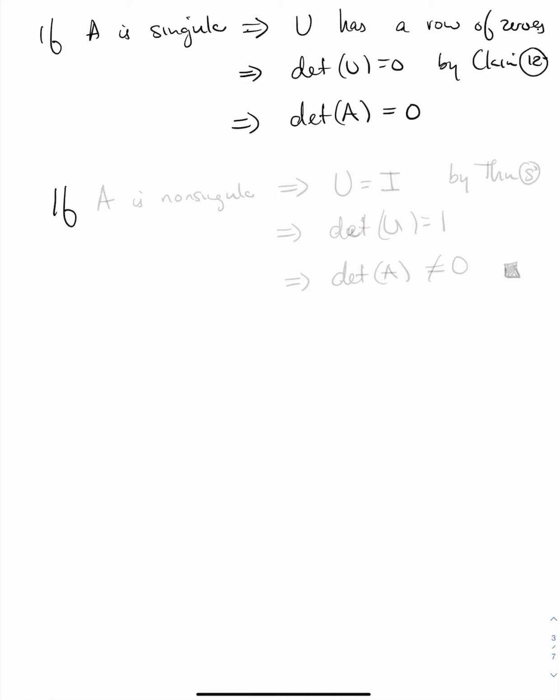Let's do the second case. If A is non-singular, well, by Theorem 5, the reduced row echelon form of A is the identity matrix. That means that the determinant of U is 1, and because of the relationship between the determinant of U and the determinant of A, the determinant of A is certainly not 0. End of proof, QED.